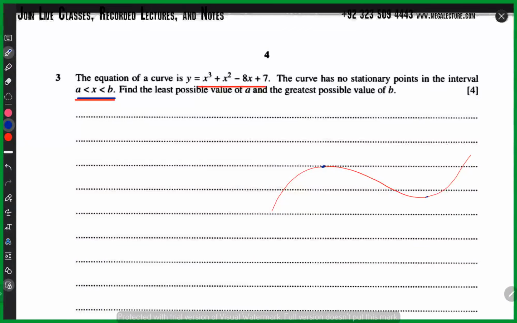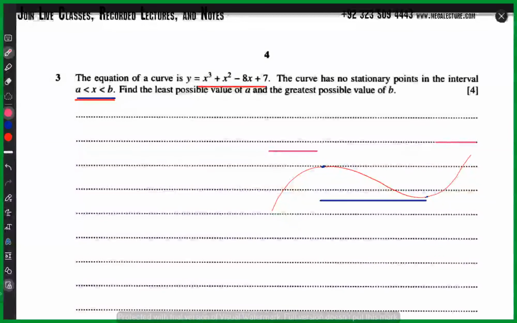And then it says the curve has no stationary points in the interval that is from A to B. This means that the curve does not have any stationary points over here, at this part too, and at this part too, right? We have three such intervals where we do not have any stationary points, okay?